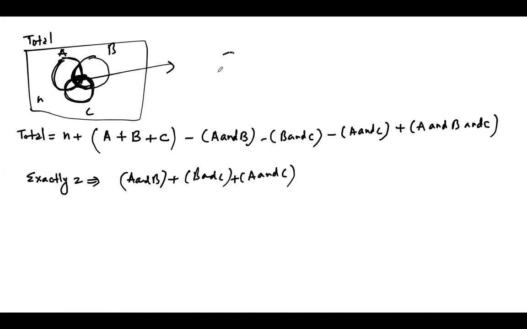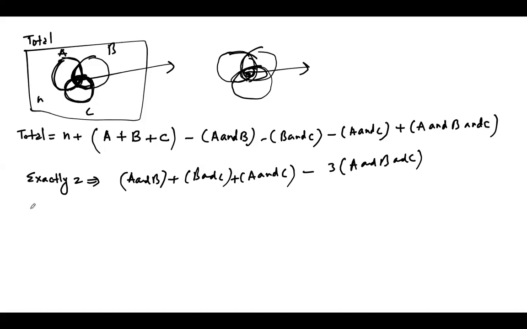One time. No, I don't want it, because you want exactly 2, right? This is exactly 3 or all 3. So once you have done A and B, A and C, B and C, each included once, how many times do you need to subtract? 3 times.